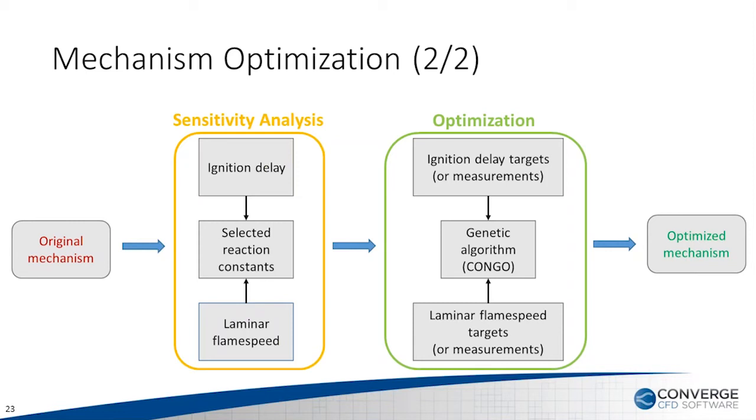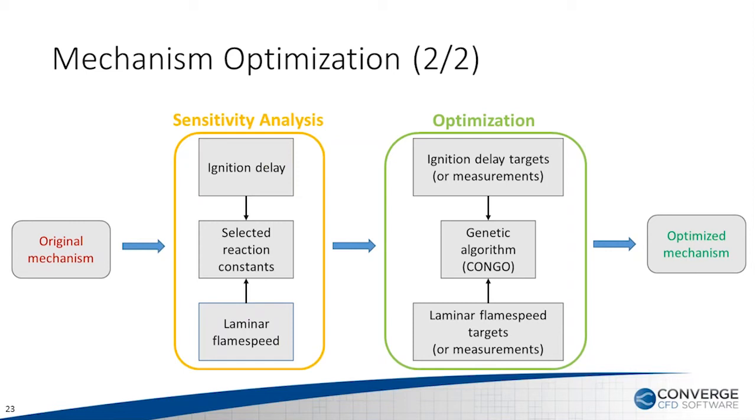These factors are going to be modified for better accuracy and performance. Sensitivity analysis can be done on ignition delay or laminar flame speed. By running this, you select reaction constants from the most sensitive reactions, and these are the inputs to the second step. The second step is optimization.